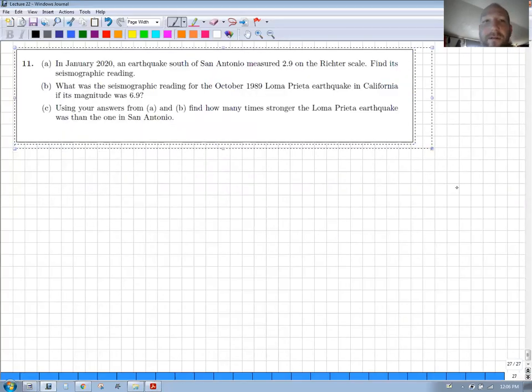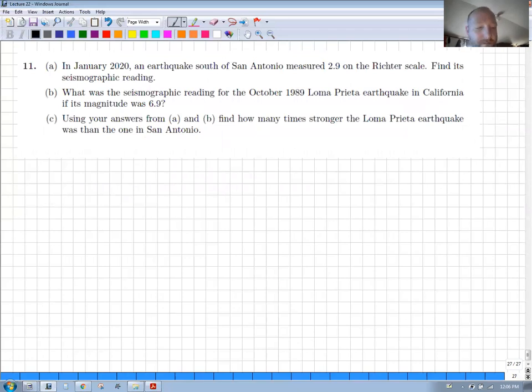So the Richter scale, I'll have to look this up because I don't remember it either.